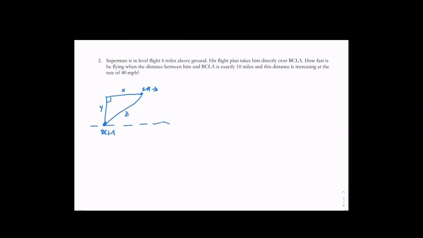Increase. Yeah, so X will increase. What about Z? Increase. It'll increase over time. And what about Y? Stay constant. Perfect. All right, so Y is a constant at 6 miles. X is a function of time, and Z is a function of time.